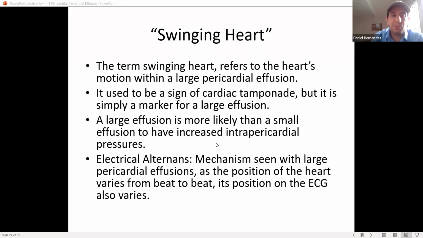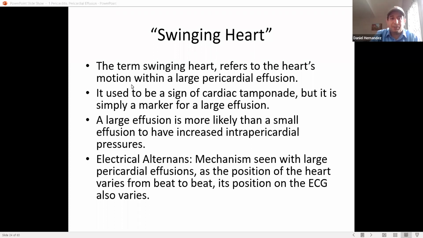So you may hear a term called swinging heart. This term refers to the heart's motion with a large pericardial effusion. It used to be a sign of cardiac tamponade, but it is simply a marker of a large pericardial effusion. It used to be when patients saw a large, swinging heart within the pericardial effusion, they would automatically assume this patient was in tamponade, but that may not necessarily be the case.